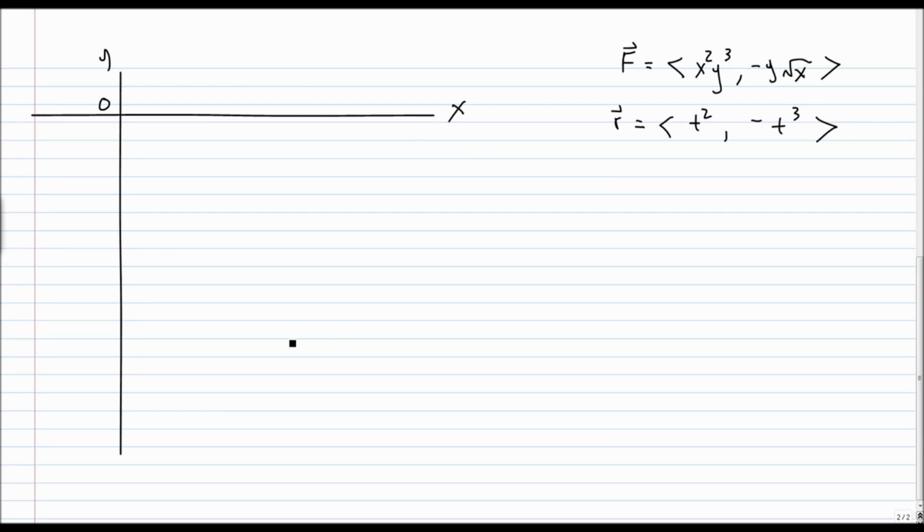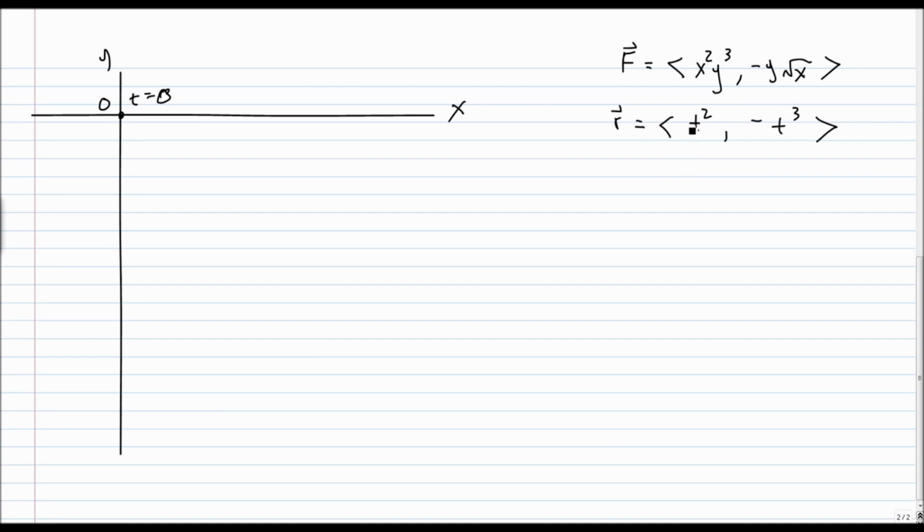I made my own axis here because you can see here that as t increases, the y component of this position vector is going to go negative, and the other axis that I had was just the first quadrant, and I actually need the fourth quadrant here. Okay, so I'm just going to plot a couple points. So at t equals 0, you can see that the position vector just points at the origin here.